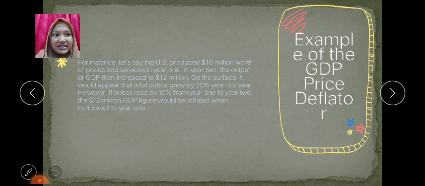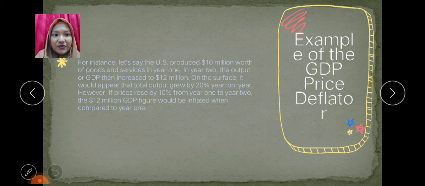Okay, this is the example of the GDP price deflator. For instance, let's say the US produced $10 million worth of goods and services in year 1. In year 2, the output or GDP then increased to 12 million.